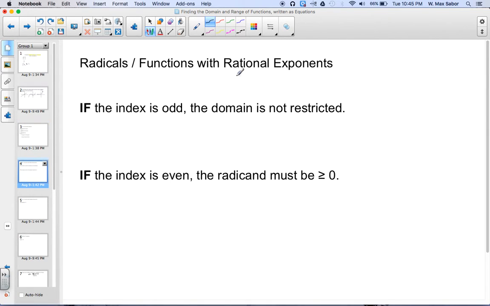So first, radicals. How do we deal with a radical and finding the domain of it? Well, first of all, not all radical functions have restricted domains. If we have something like the cube root of x minus 2, that is fine. And remember that that's the same thing as x minus 2 to the 1/3.